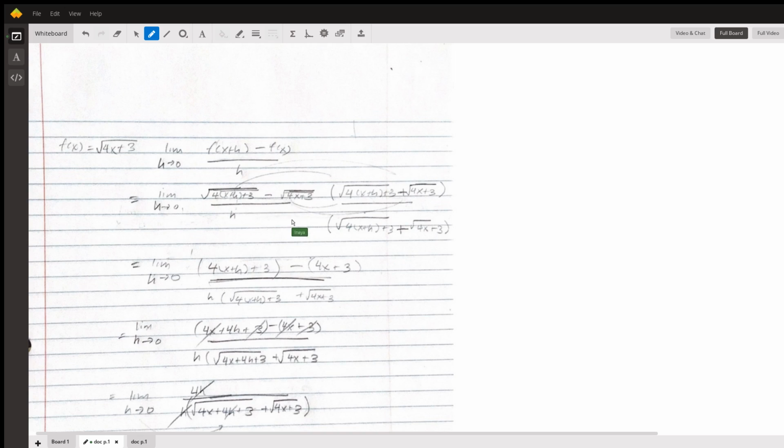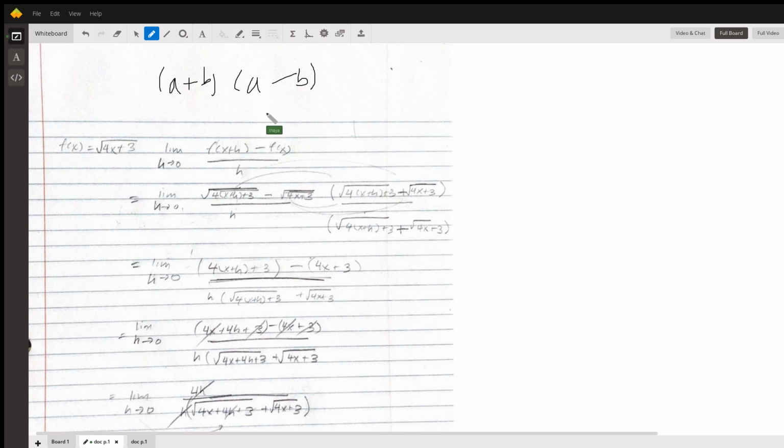Once you have that set up, to get rid of radicals, we're going to use the conjugate, and this comes from the factoring rule: a plus b times a minus b.